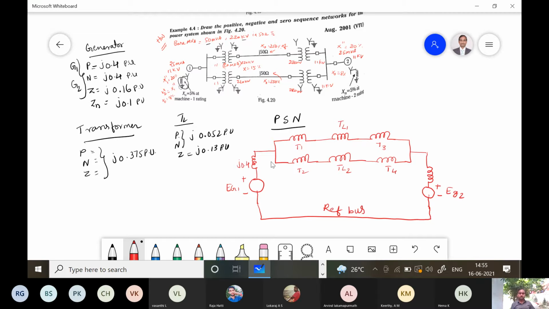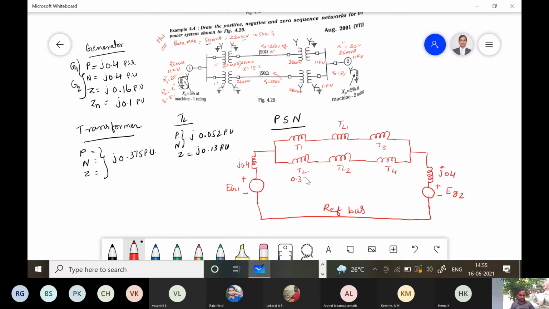Now you write all the positive sequence reactances. Generator 1 and generator 2 are both J0.4 per unit. For the transformers, all have J0.375 per unit.